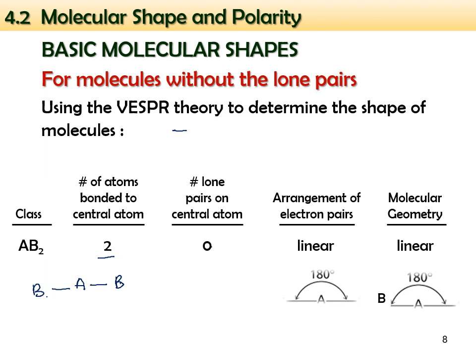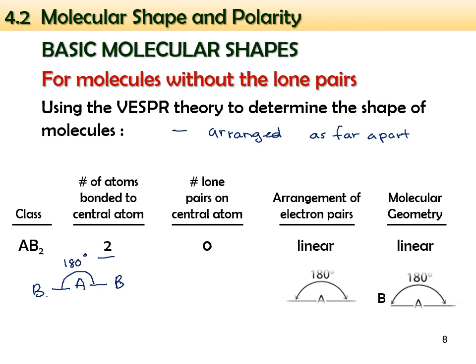We ignore the lone pair first. One B atom is at one end and one B atom is at the other end. So the bond angle here will be 180 degrees.